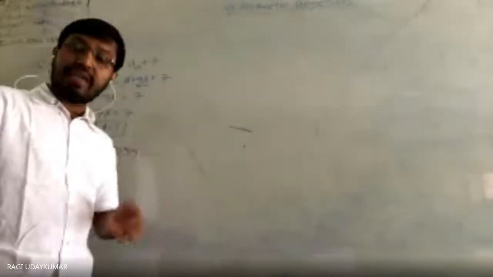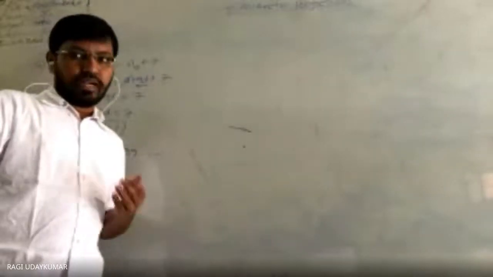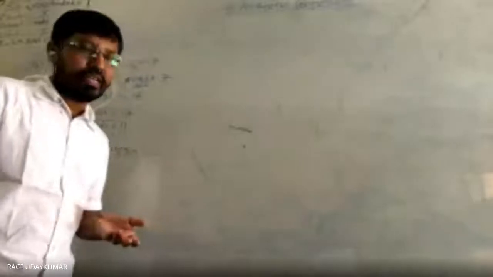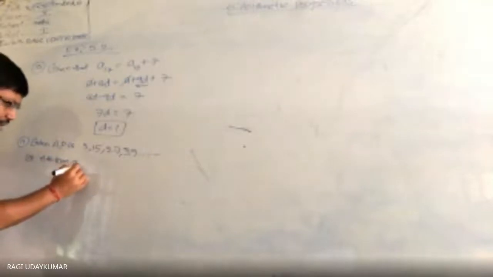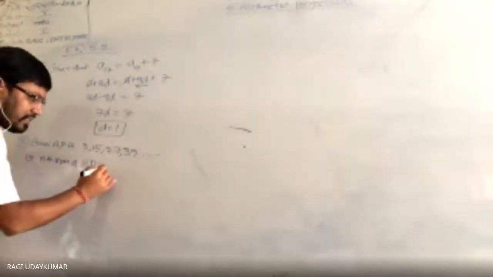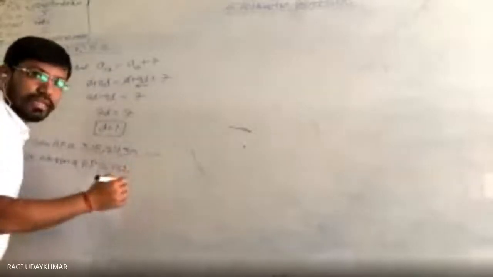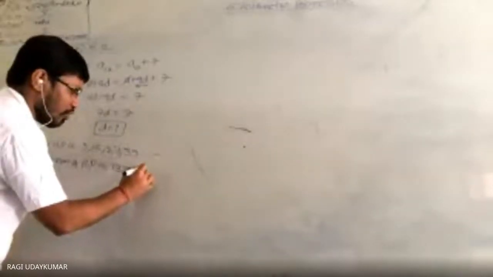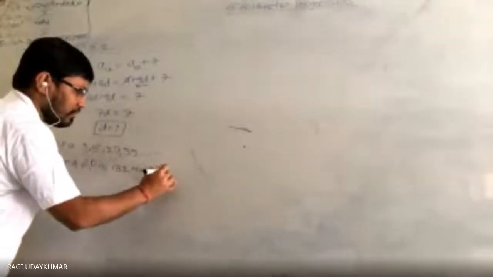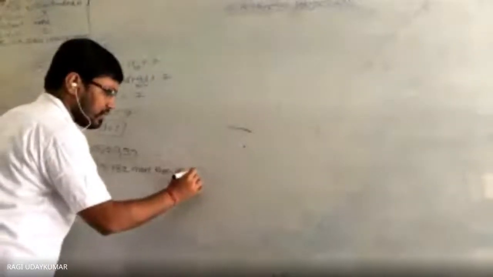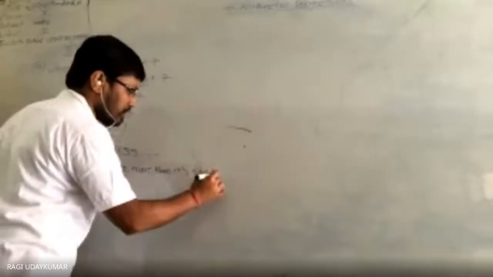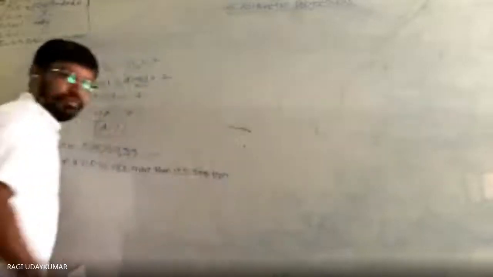Okay, let us consider here, which term of the arithmetic progression. Which term is the nth term. So whatever the question is asking, that we need to consider. Let the nth term of the arithmetic progression be 132 more than its 54th term.